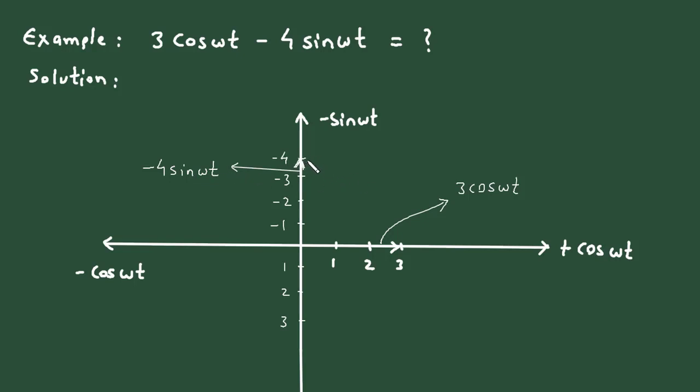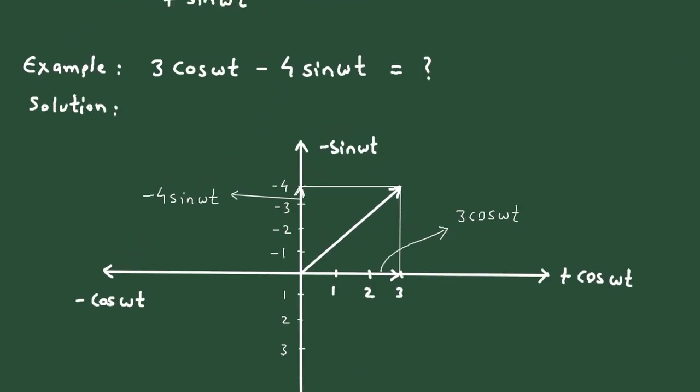Here we can write this is minus 4 sin omega t. Now we want the resultant for this, so we have to draw a parallel line. So this will be the resultant. We can find it by using the graphical method or we can use this formula.